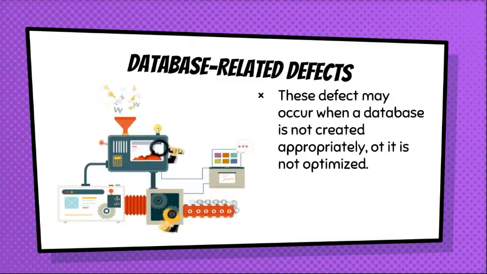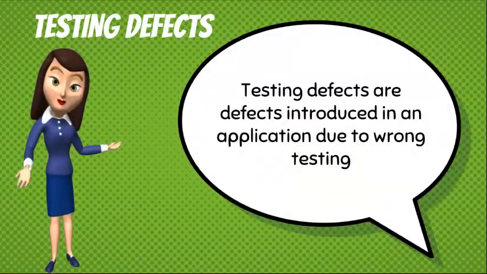And the last one is database related. Database-related defects may occur when a database is not created appropriately or is not optimized. It may be a part of design defects if database design is wrong, or it may be a coding defect if database is not implemented correctly as per design.